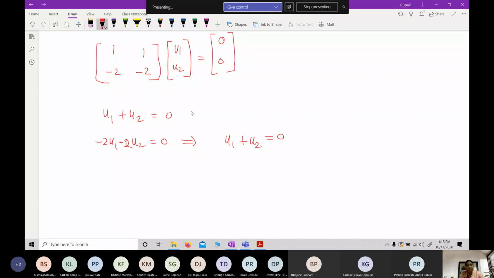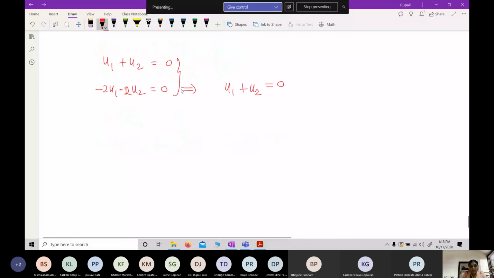These two are nothing but the same. So these two equations give us only one.